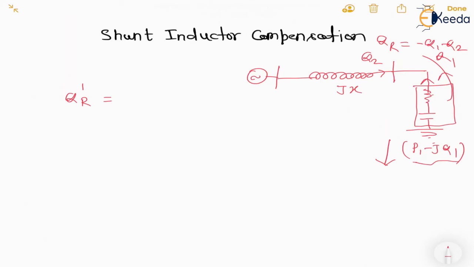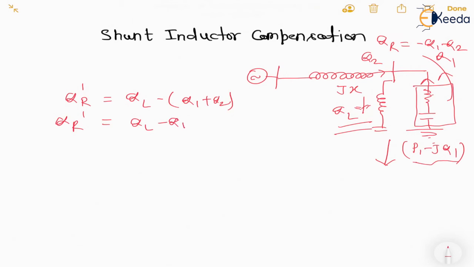So QR dash, if you calculate after compensation, we know that the direction of QL will be here, so we can write minus Q1 minus Q2. QR dash will be equal to demand minus supply. The demand is QL, so QL minus (Q1 plus Q2), or QR dash is equal to minus Q1 plus QL minus Q2.